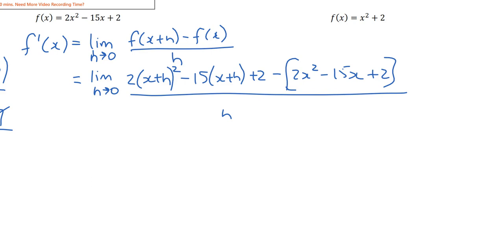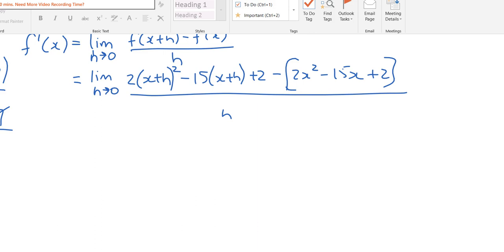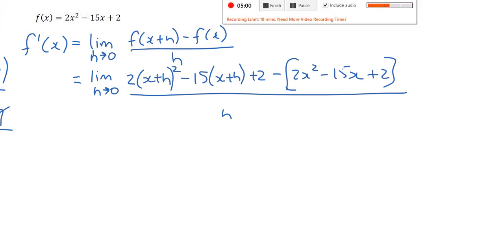Okay, so all I've done for the first part, you can see it here. I'll break it into the two parts. This part here is rewritten just there, where all I've done is I've rewritten this part, but instead of writing x, I've written x plus h. That's all I've done.